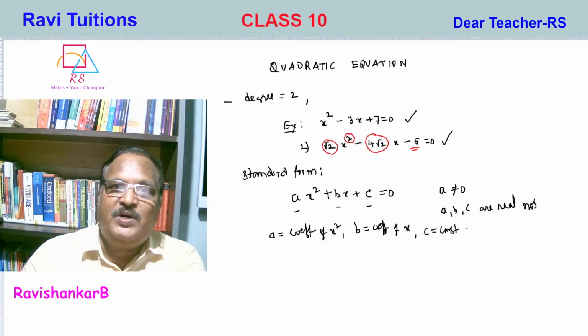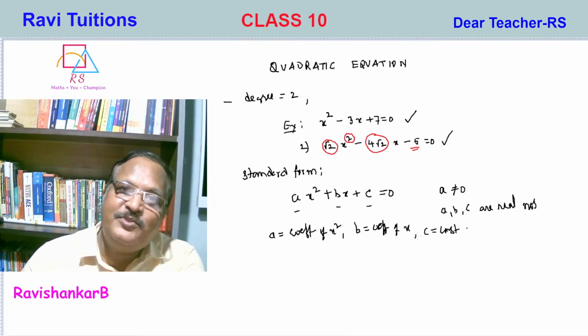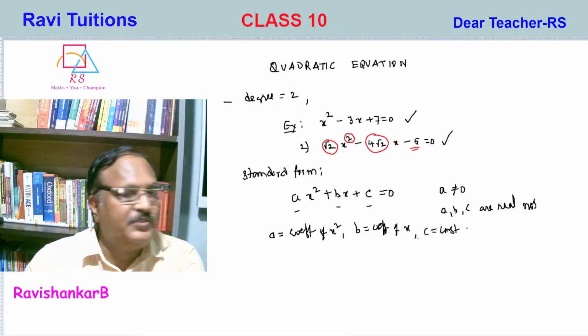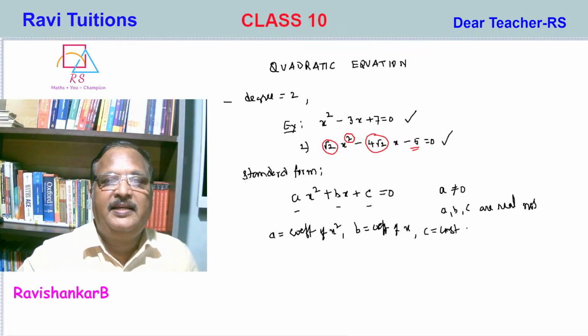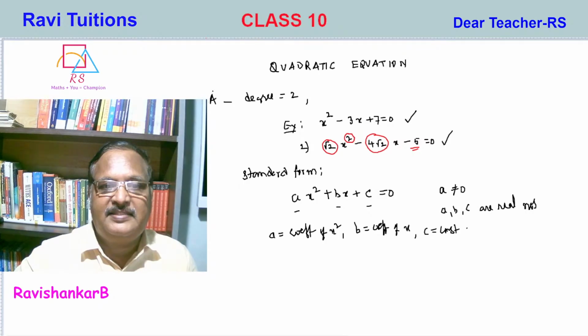Minimum 1 term should be there, and that 1 term should be the x square term. So this is the basic information of a quadratic equation.